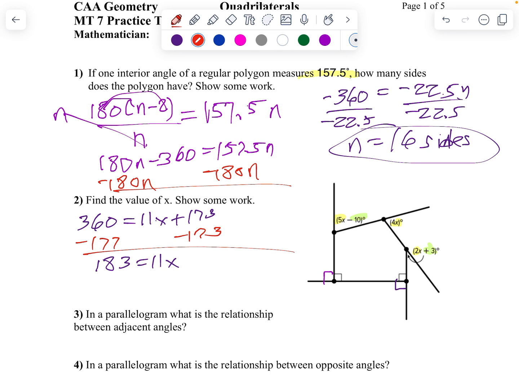So 360 minus 173 is 187. Now 187 divided by 11 is 17. And that's the value of x.